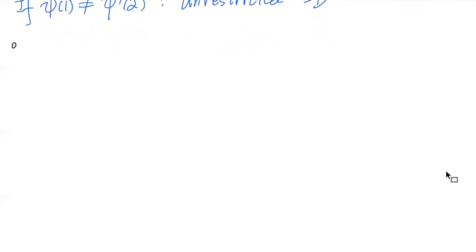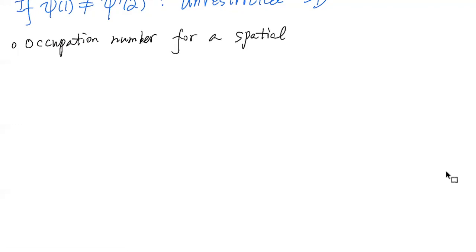Now, another quantity that we usually talk about is the so-called occupation number. The occupation number for a spatial orbital could be 0, 1, or 2. When the occupation number is 0, that means there's no electron on this orbital, so it's an empty orbital.